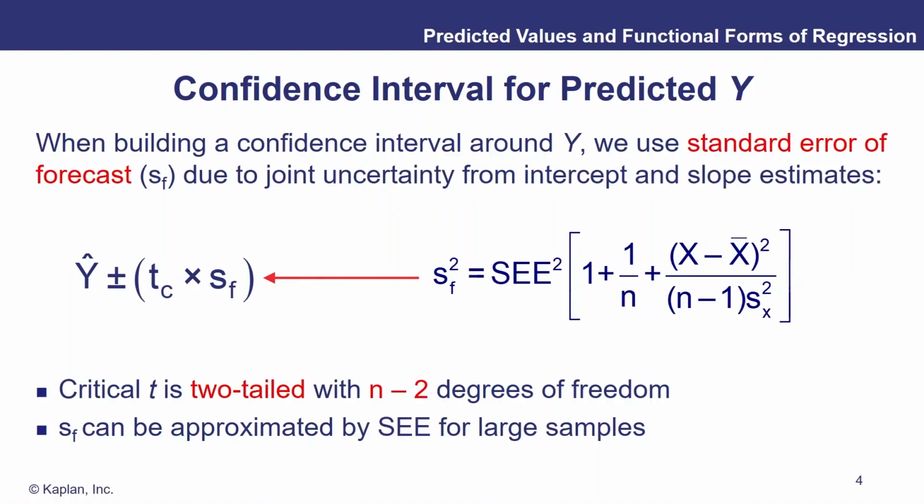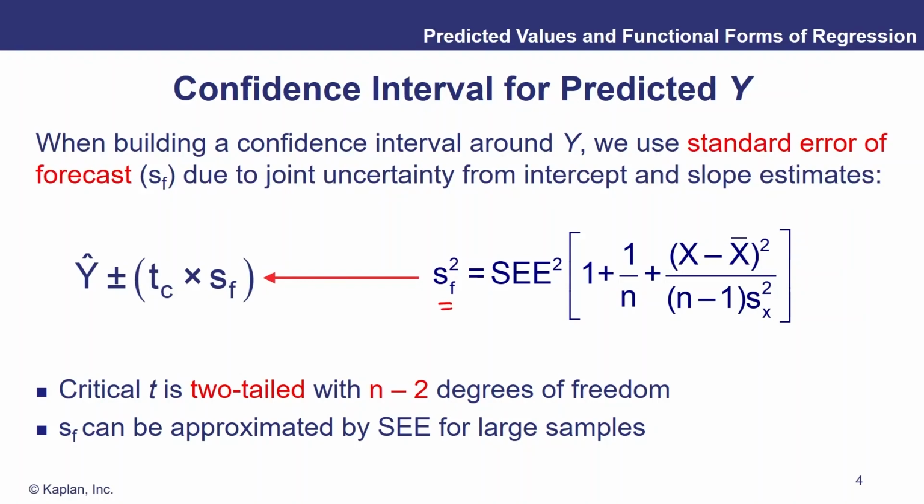Now, standard error of the forecast is designed to pick up on both sources of error. In other words, one, the missing error term. Two, the fact that we're using sample values for the intercept and slope coefficients rather than the population value. So what we use is something called standard error of the forecast. Actually, this is the standard error of the forecast squared here.